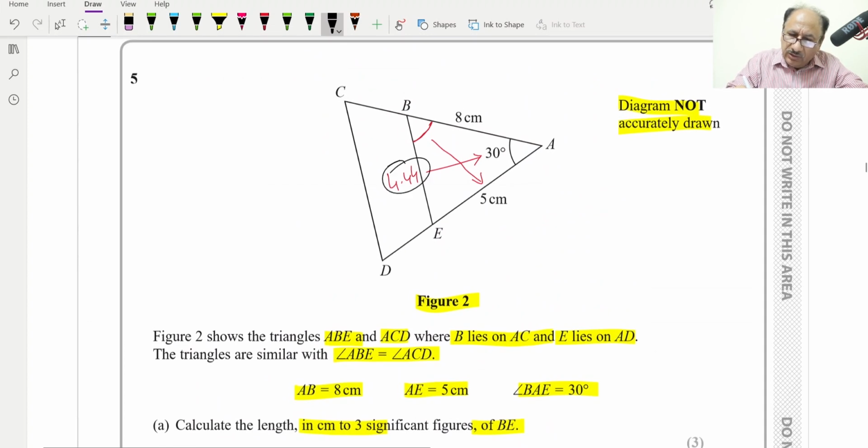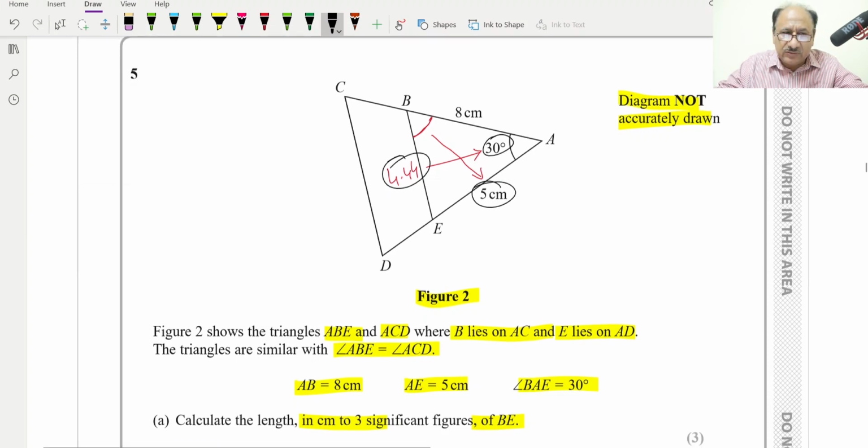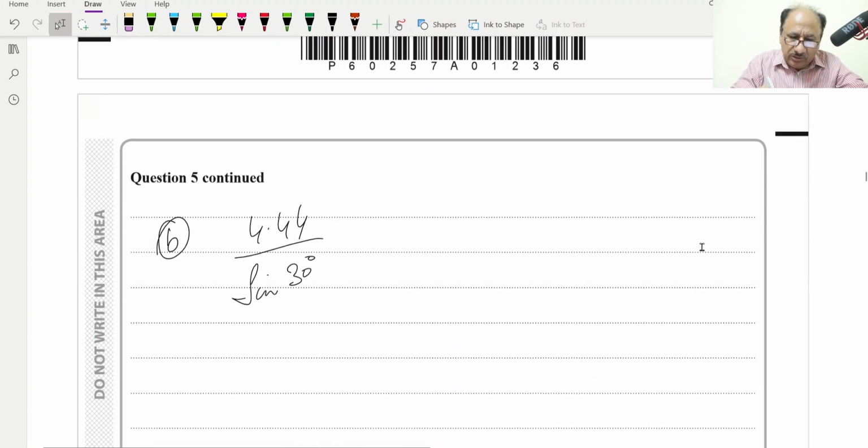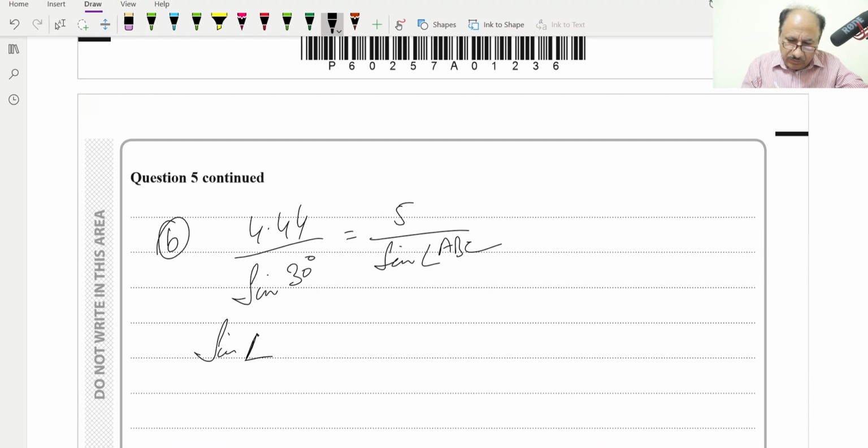4.44 divided by sine of 30 will be equal to 5 divided by sine of angle ABE, which is required. So sine of angle ABE will be equal to 5 into sine of 30 degrees, divided by 4.44.